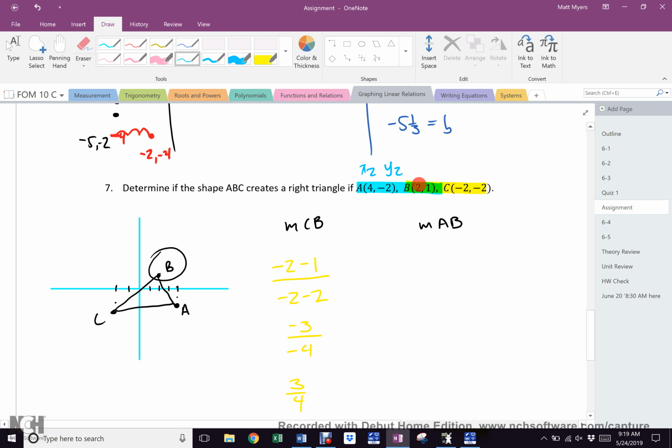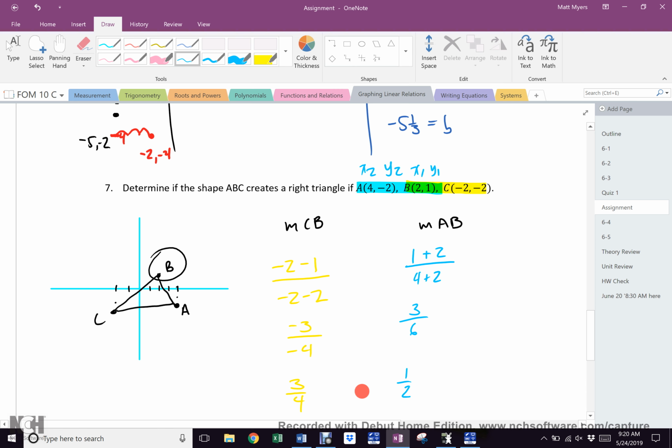What's this guy? x1. And what's this guy? y1. So it is 1 plus 2 over 4 plus 2, which is 3 over 6, which is 1/2. Are we good?